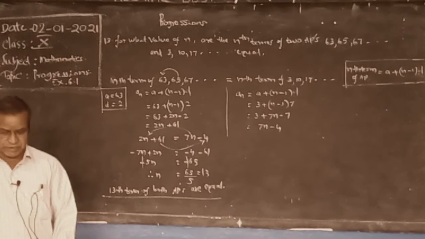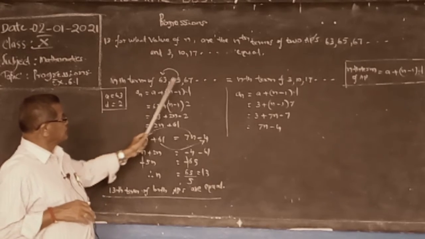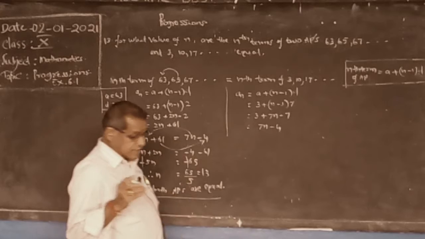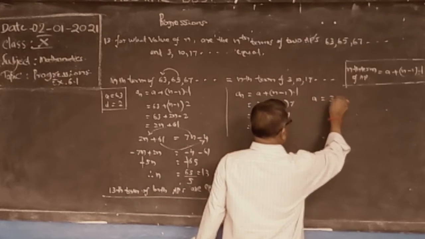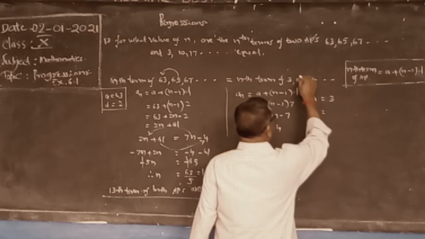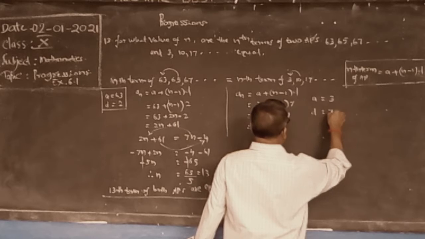Easy and important. The nth term of the first series and the nth term of the second series. You also write here A is 3, the first term. Common difference 10 minus 3, that is 7.